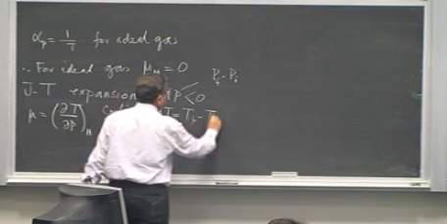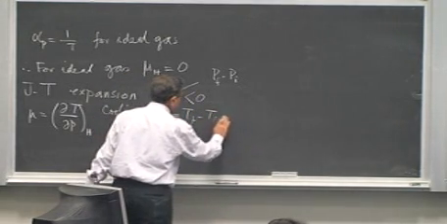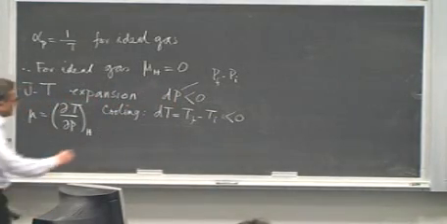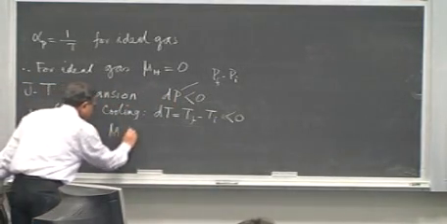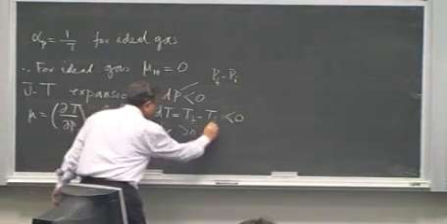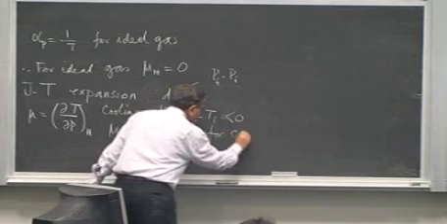Tf minus Ti is negative. So mu must be positive for cooling to occur.